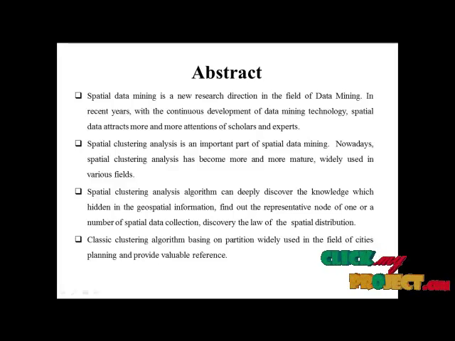Spatial clustering analysis can deeply discover the knowledge hidden in geospatial information, such as GPS or geolocation-based locations. So how do we make the locations representative? We find the representative nodes in one or more spatial data collections and discover the law of spatial distribution information.